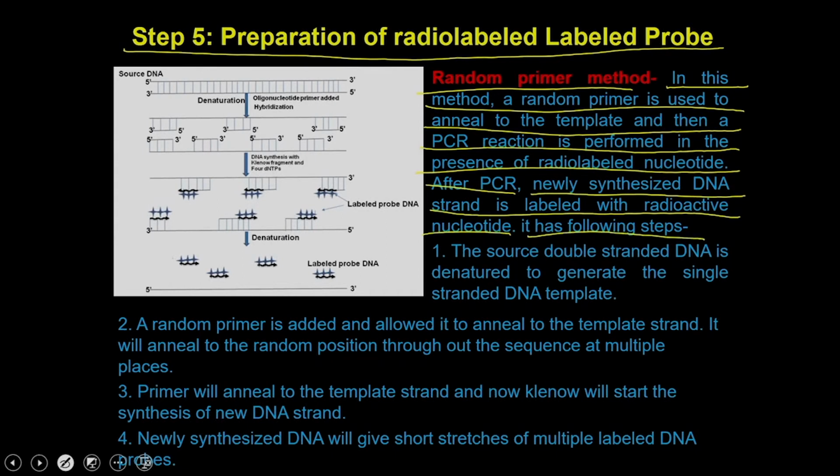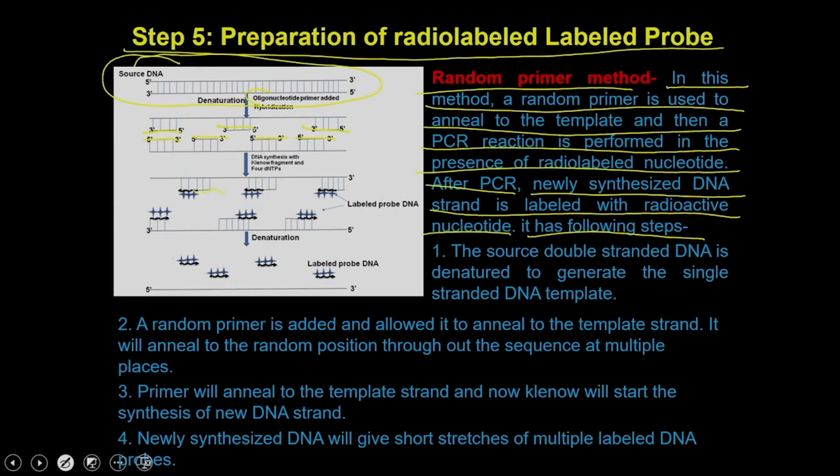First you take the source DNA, then you add the random oligonucleotide, and then you do a PCR. You can imagine that the random primer is going to attach to multiple places within the sense as well as the antisense strands, and then it is going to generate the DNA.